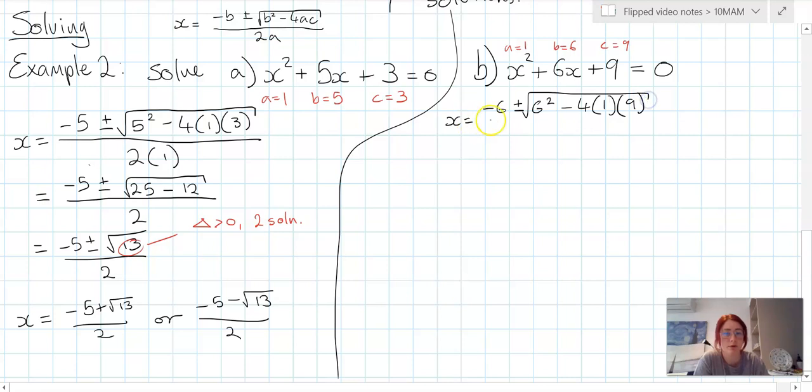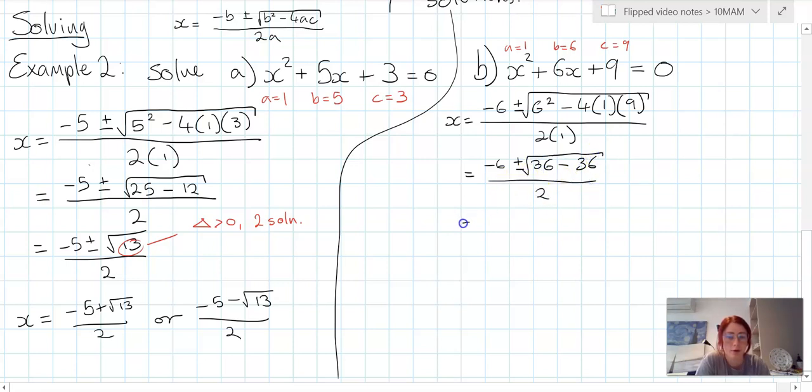Remember that square root, divided by 2 times 1. So we've got negative 6 plus or minus 36 minus 9 times 4, 9, 18, 27, 36. Square root of that over 2. Negative 6 plus or minus, we've ended up with the square root of 0 there.